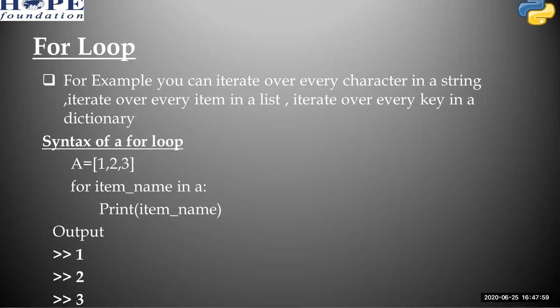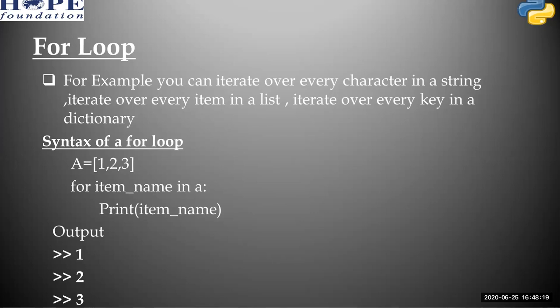You can see the output on the left side down here: the first iteration gets one, the second gets two, and the third gets three. So let's move on to Jupyter Notebook.